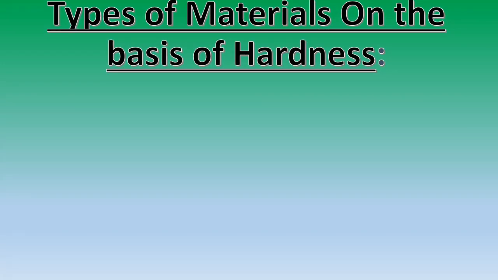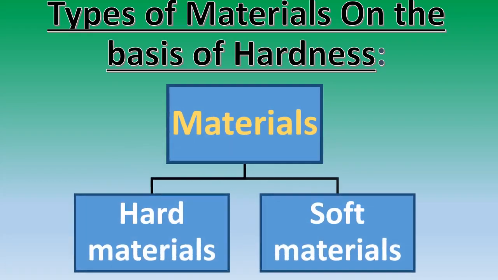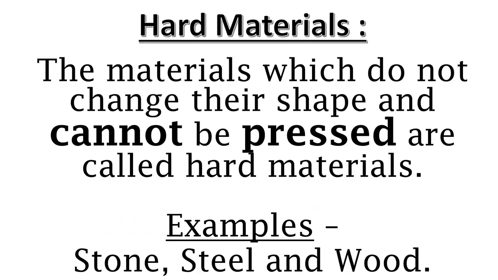We have broadly divided the objects on the basis of hardness into two categories: hard materials and soft materials. Hard materials. The materials which do not change their shape and cannot be pressed are called hard materials.